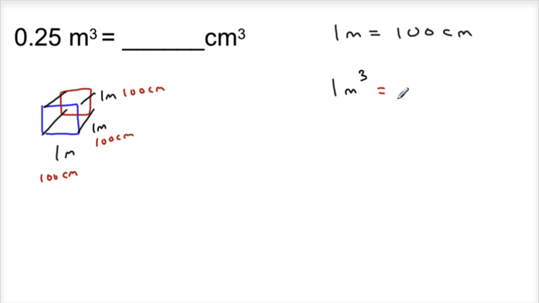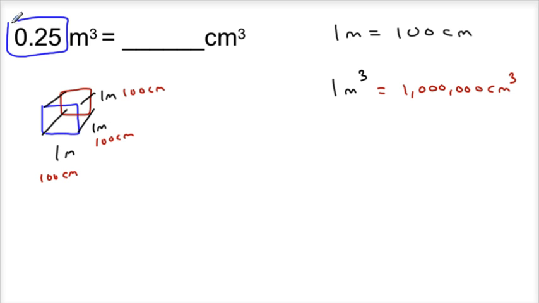So 1 meter cubed is equal to how many centimeters cubed? Yep, 1 million. 100 times 100 times 100 is 1 million centimeters cubed. 1 meter cubed is equal to 1 million centimeters cubed.